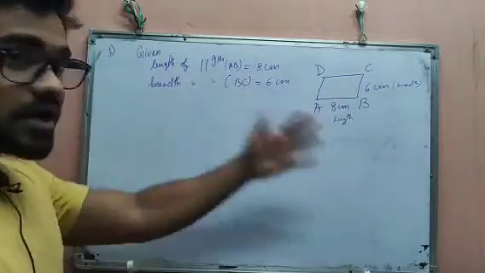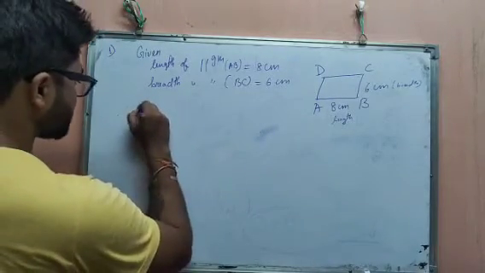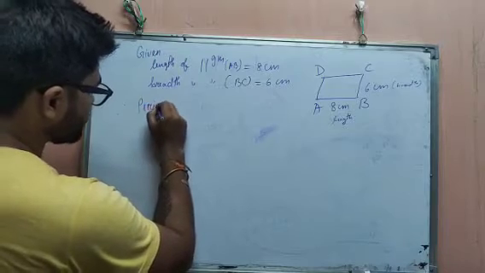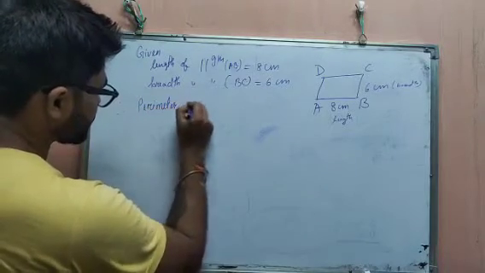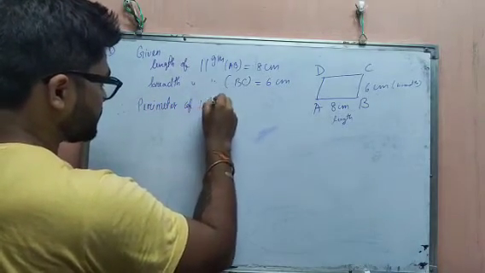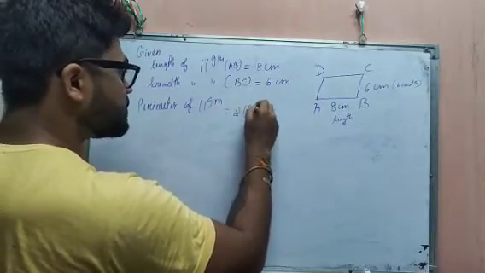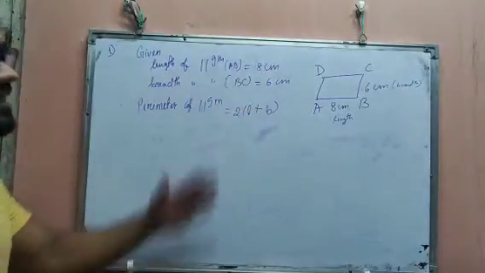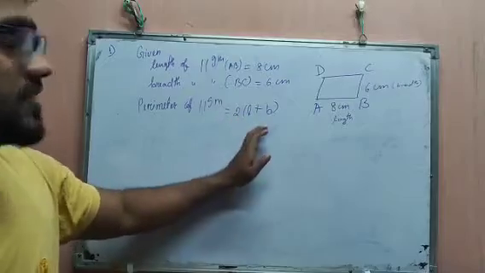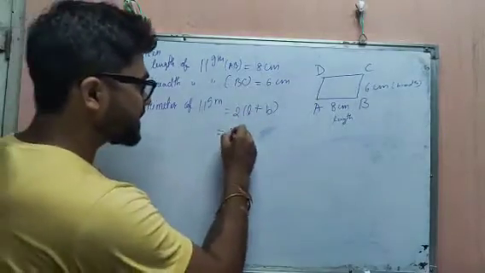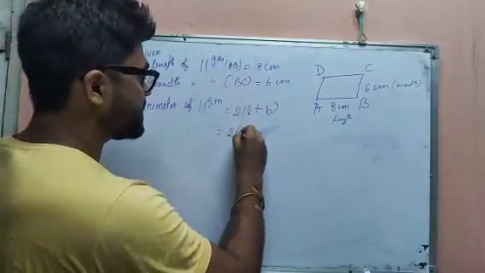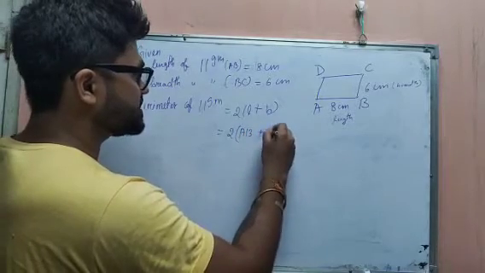Now we are asked to find the perimeter. Therefore, perimeter of parallelogram equal to 2 into L plus B, that means 2 into length plus breadth. Clearly length stands for AB and breadth stands for BC.